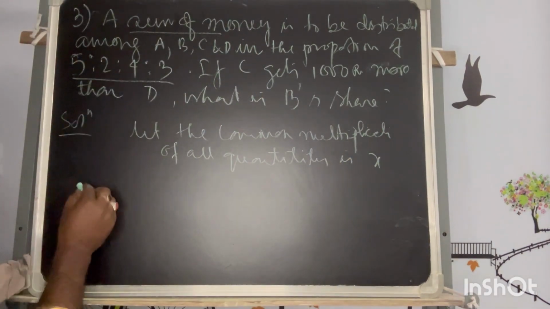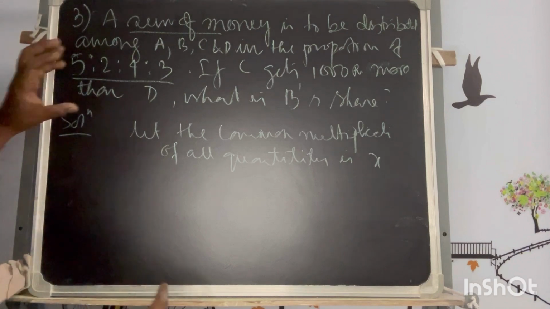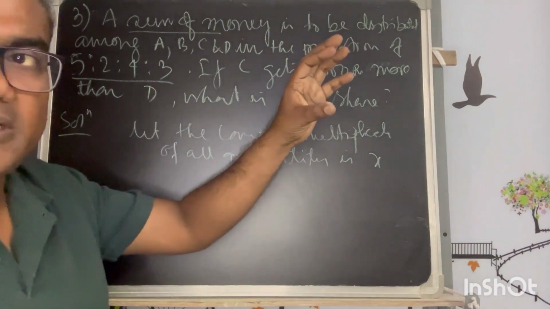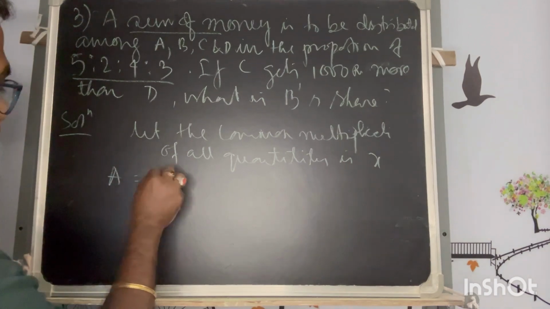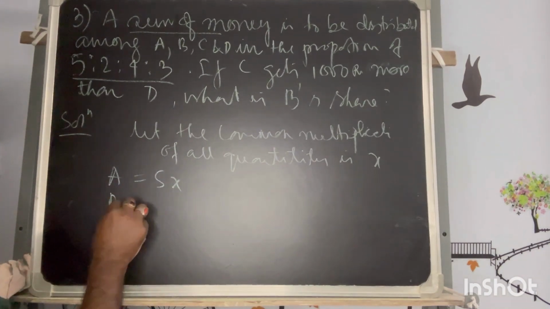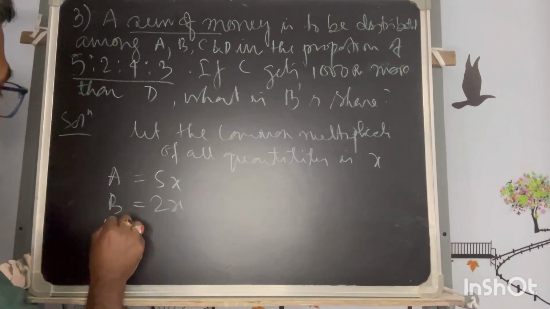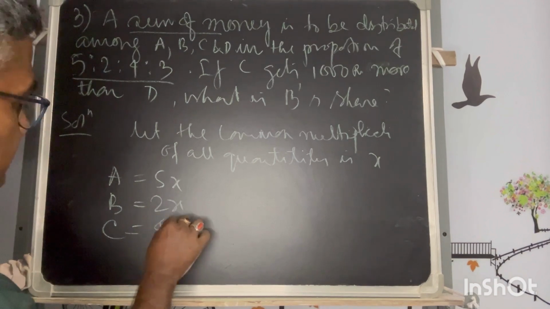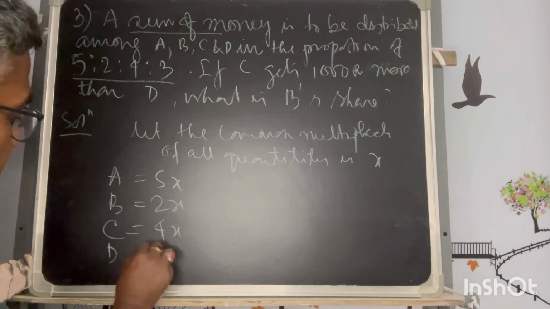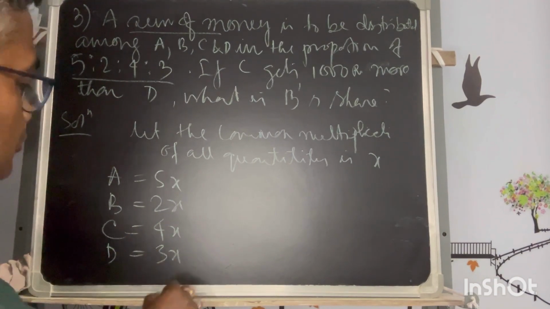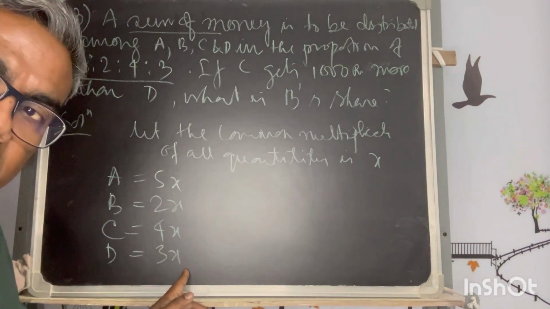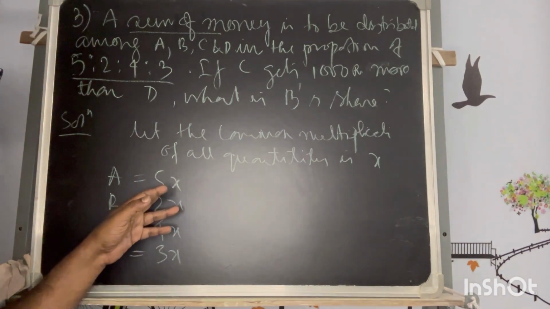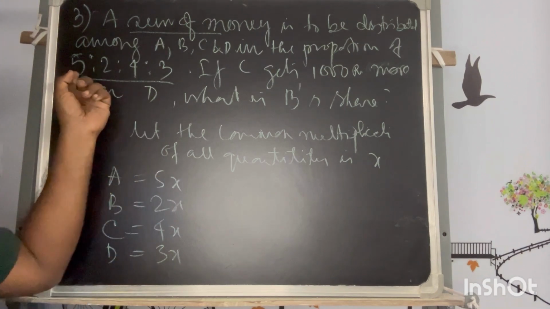If I multiply all this with x, I get the exact quantity. So A is getting 5x, B is getting 2x, C is getting 4x, and D is getting 3x.